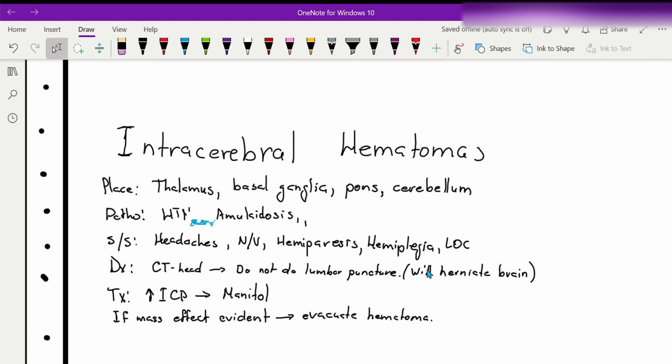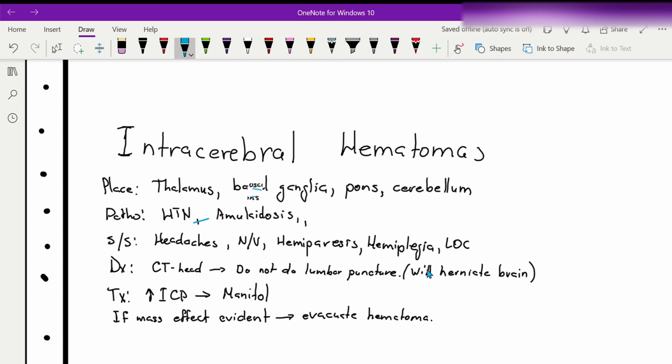Signs and symptoms: headache, nausea, vomiting, hemiparesis, hemiplegia, decreased level of consciousness, and diagnosis is with the CT of the head. Do not do lumbar puncture, it will herniate the brain in case of intracranial hematomas. Treatment: increased intracranial pressure is treated with mannitol.